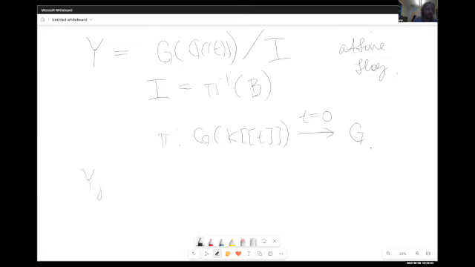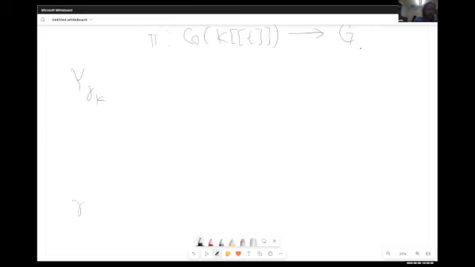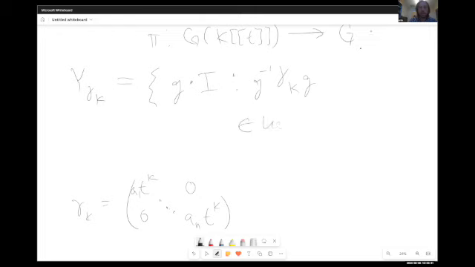The affine Springer fiber is a finite dimensional but not compact version of the usual Springer fiber, which is the set of all those orbits, G times I, with the property that G inverse times gamma times G is an element of the Lie algebra of I. So generally, a subset of this form is a type of affine Springer fiber.